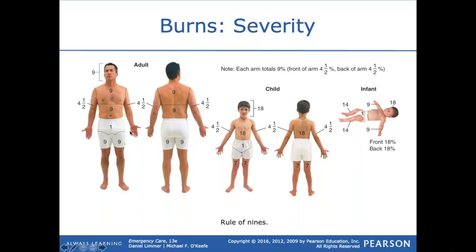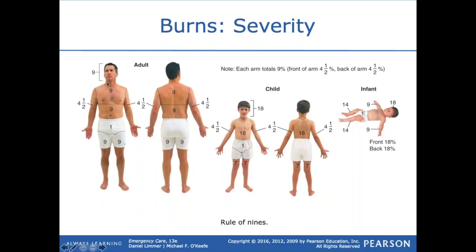Anyways, one of the other ways you can do this is called the palm rule. The patient's palm, not the fingers, not the thumb, the palm is worth approximately 1%. So if you think about the genitals, you can cover that with your palm, that's 1%. So you're using their palm. Now, let's say this guy and I are the same size. We're both 5'11". Let's say it's an isolated burn. It's here.